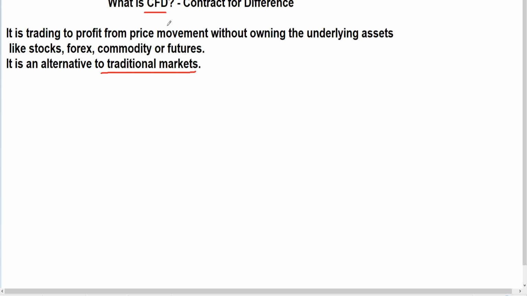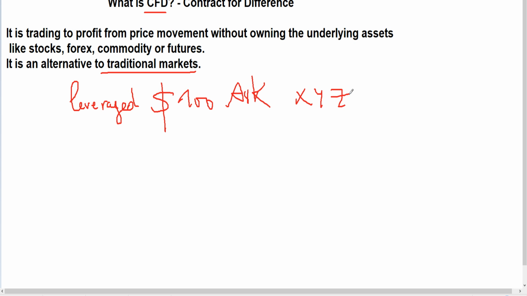is leveraged. This is the most important thing that you should know about CFD. Leveraged, what does it mean? It means that if a stock is $100, this is the stock price, the ask when you want to buy a stock, let's say it is XYZ, just an example. Now, you can buy this CFD that represents this stock.